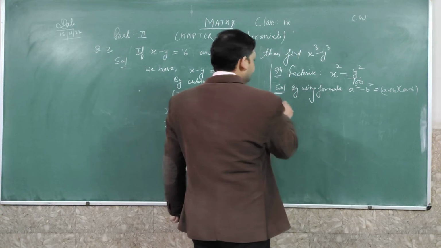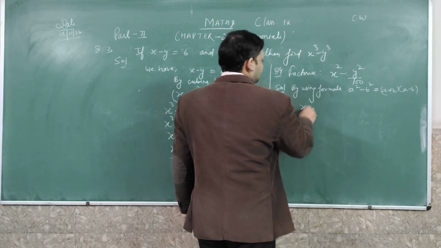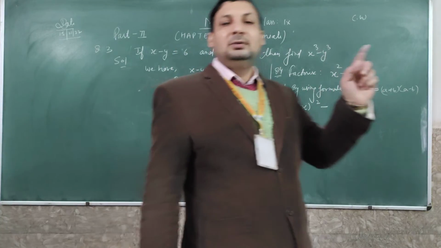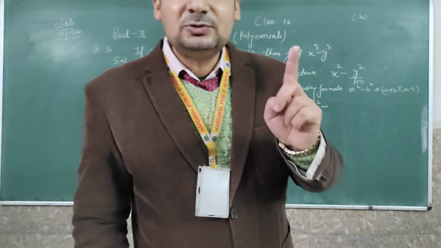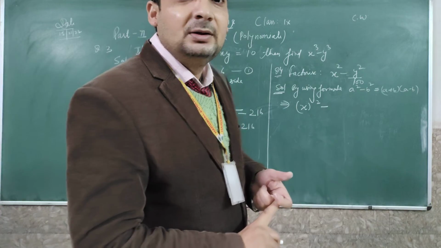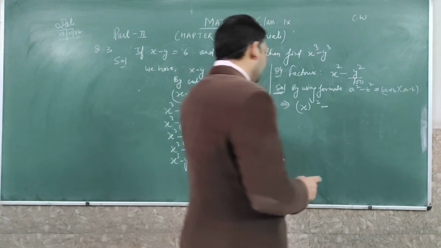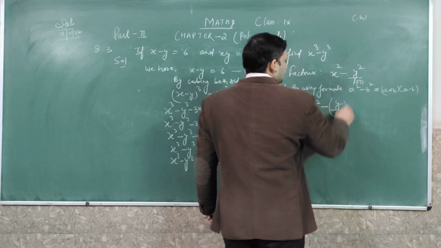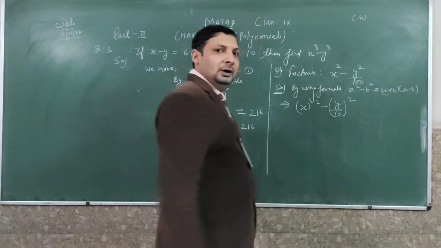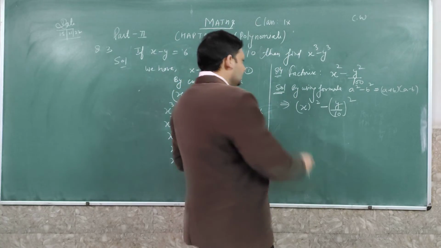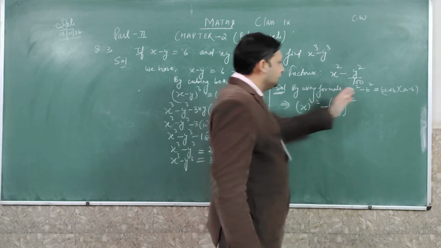So see here, x square means x whole square, minus y is already square, but 100 is not a square. 100 is a square of which number? Yes, 100 is a square of 10. So we can write y upon 10 whole square. It means we have made the formula a square minus b square.